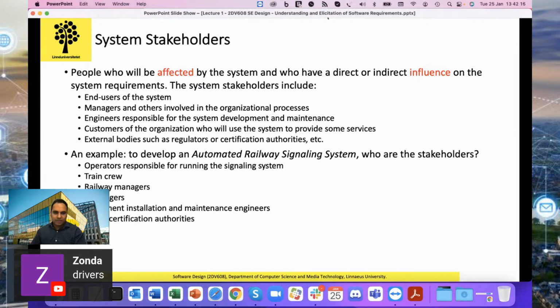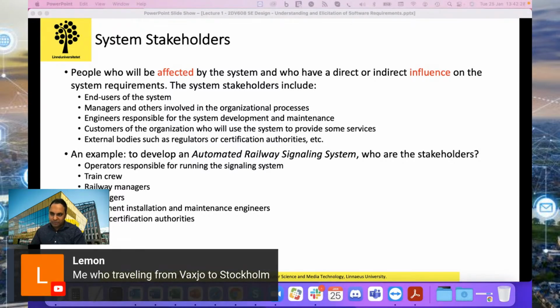And I can give some of the examples that you already mentioned. For example, operators who are responsible for running the system. Yes, also you yourself, who are traveling from Växjö to Stockholm, so passengers. Then the train crew, railway managers, people or engineers who will install the equipment.